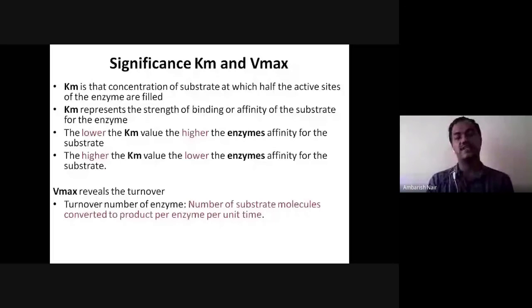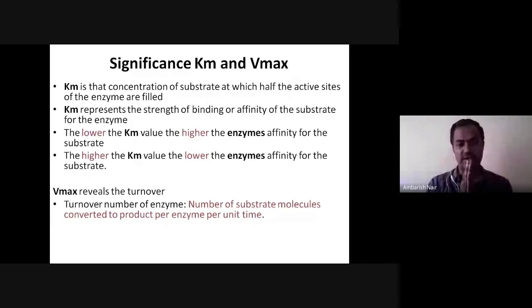So the Km represents the strength of binding or affinity of the substrate towards the enzyme. First, Km is the concentration of substrate at which half of the active sites of the enzymes are filled. And second, Km represents the strength of binding. You can write binding affinity, or just binding or affinity. You can put it together also, no problem. So it represents the affinity of the substrate towards the enzyme.